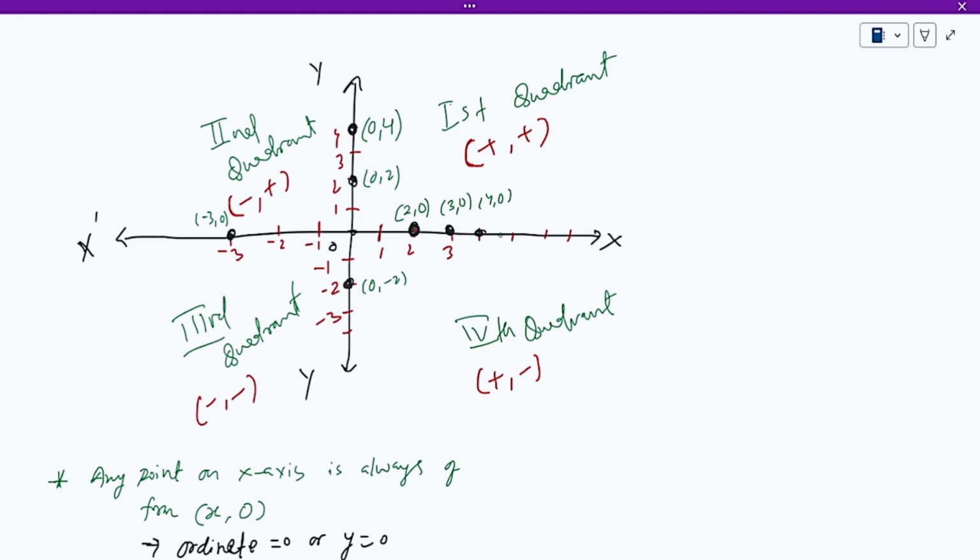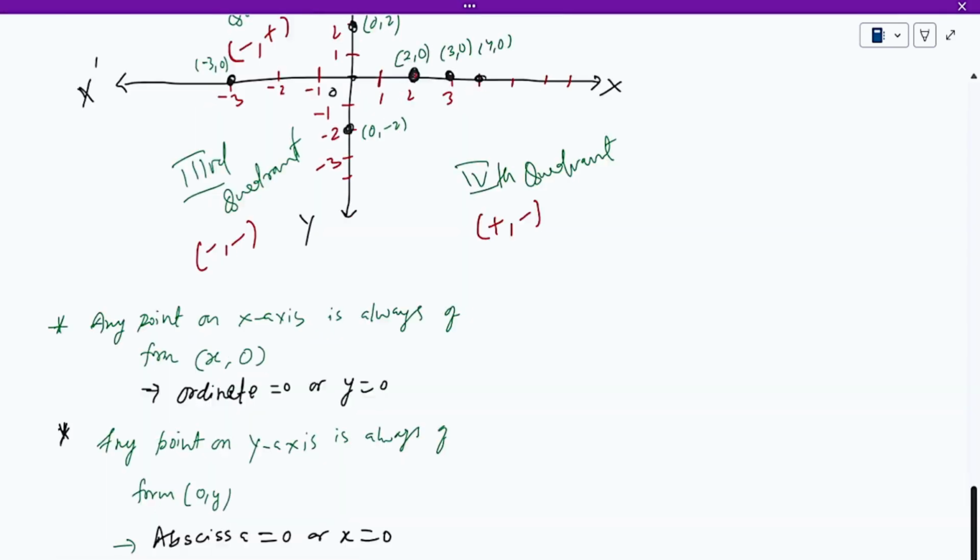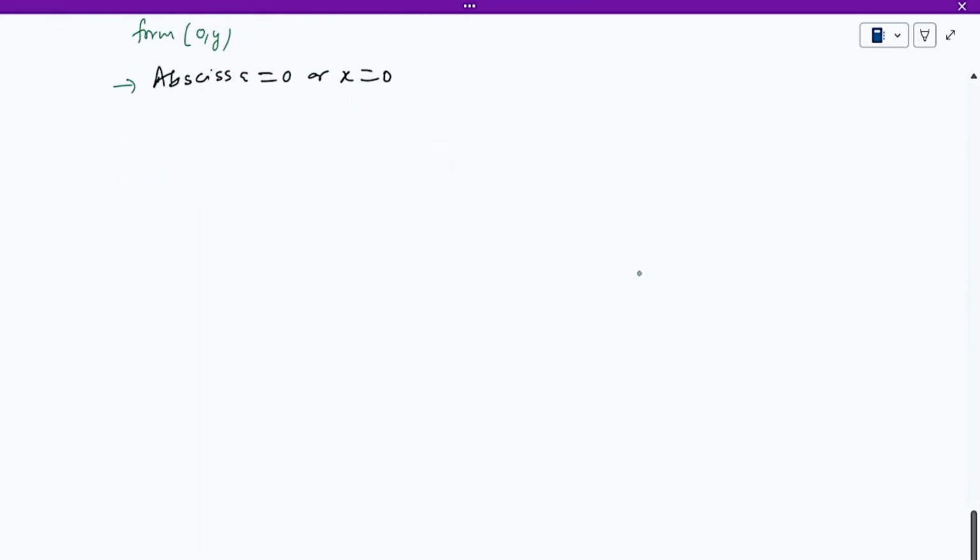So this point, this point, this point, infinite numbers of points are there. For all these points, which give us the line x dash x, that is the x-axis, the y coordinate is equal to 0. So we can say that the equation of the x-axis is y equals 0.